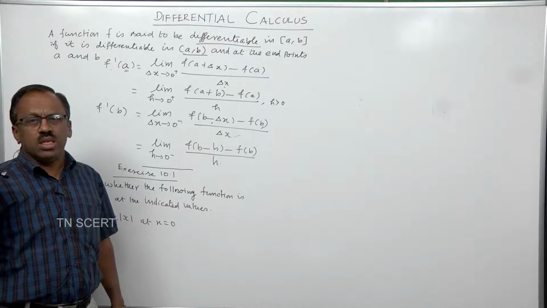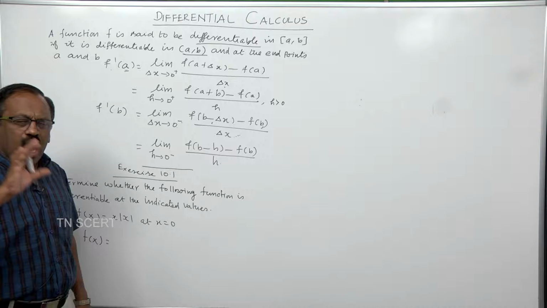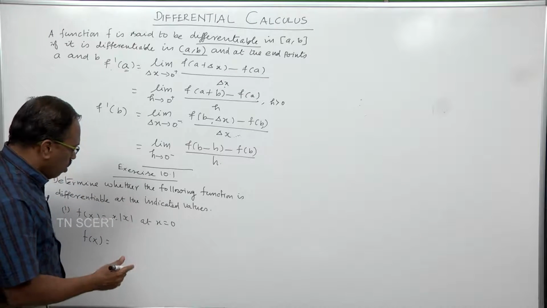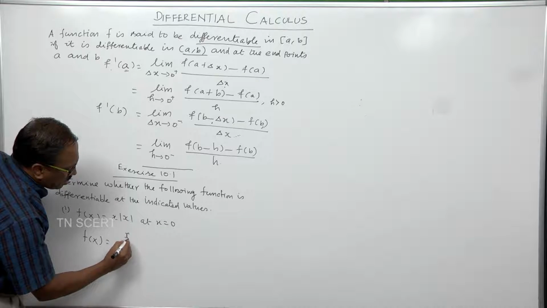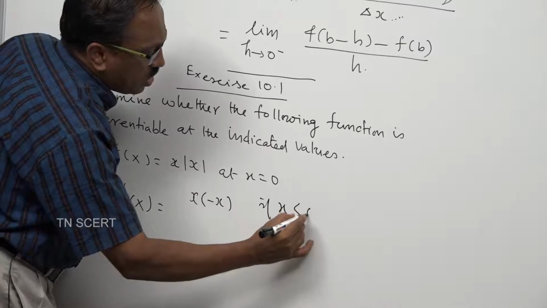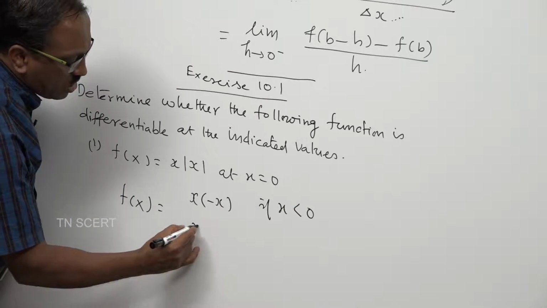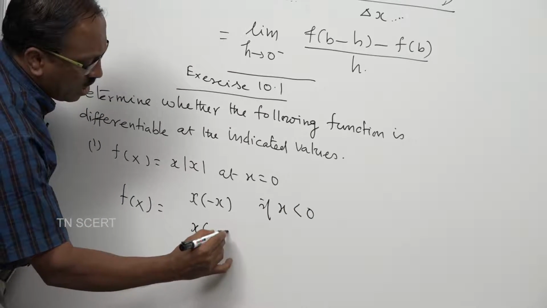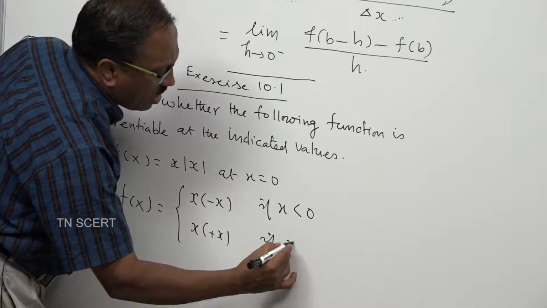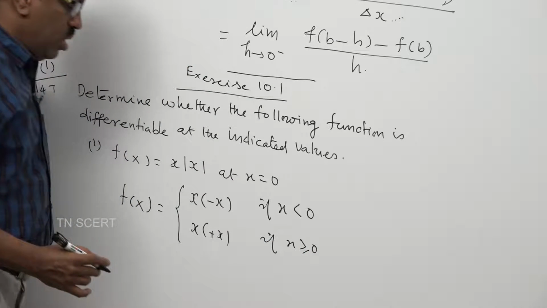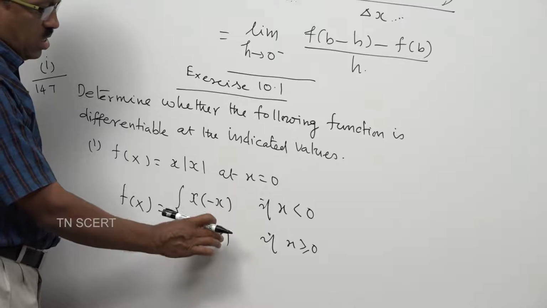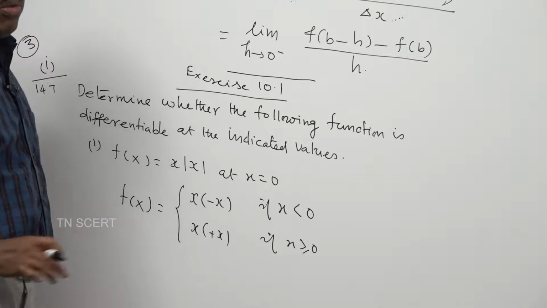When do you get minus x? So x into minus x if x is less than 0, remember that. And x into plus x if x is greater than or equal to 0. There are two cases I have considered here: one is minus x, the next one is plus x, for modulus of x.